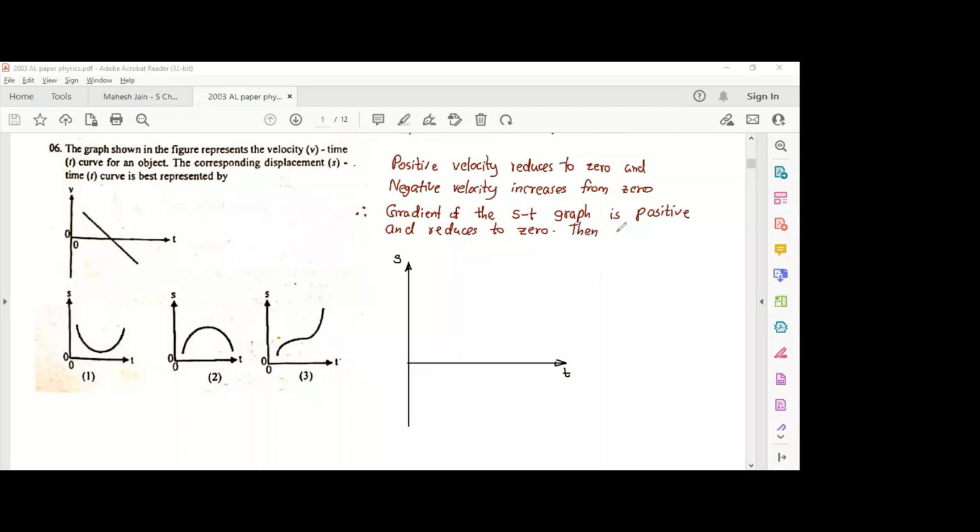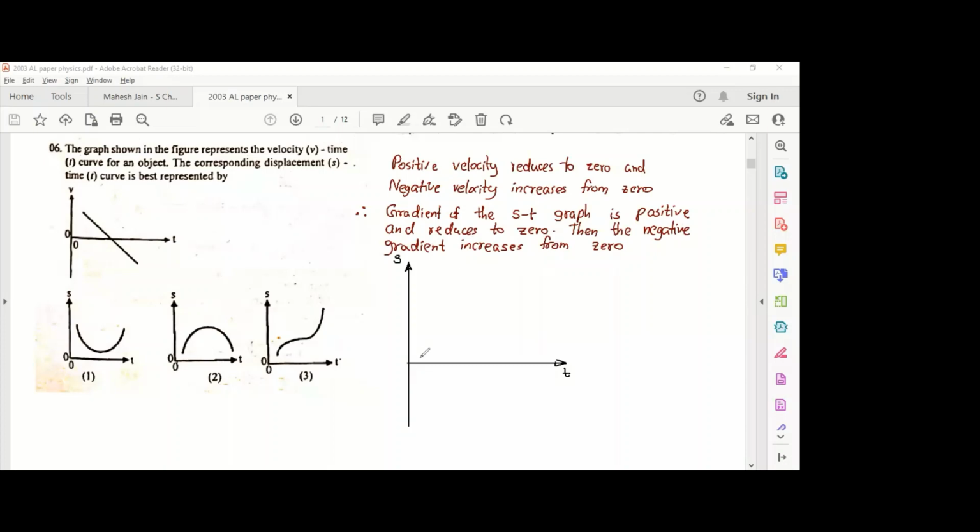Then the negative gradient increases from zero, right? The negative gradient increases from zero. So let's draw it.